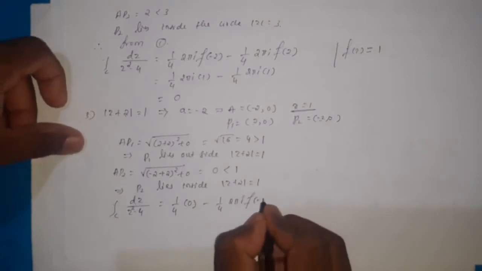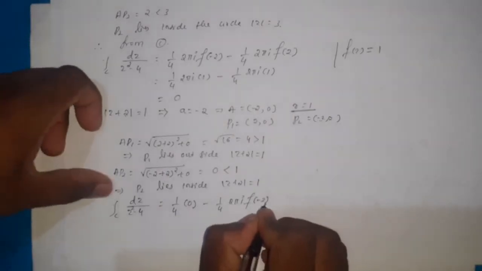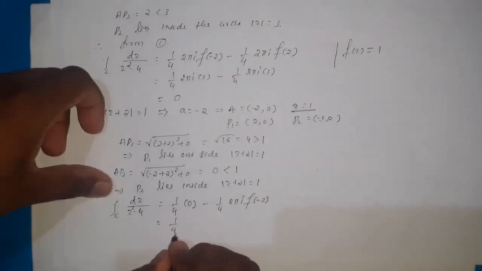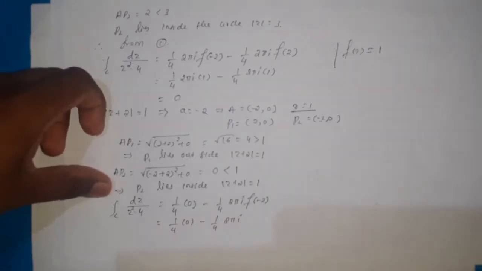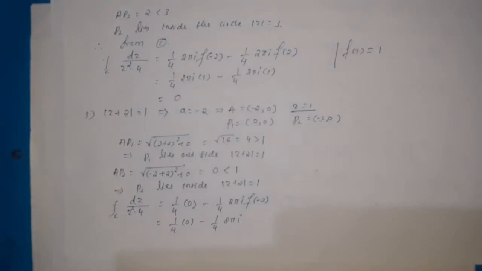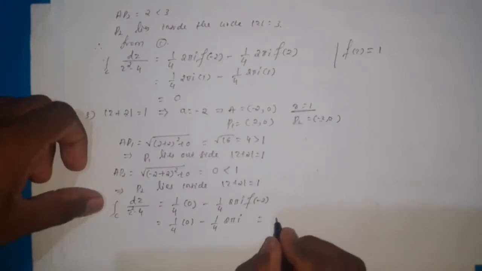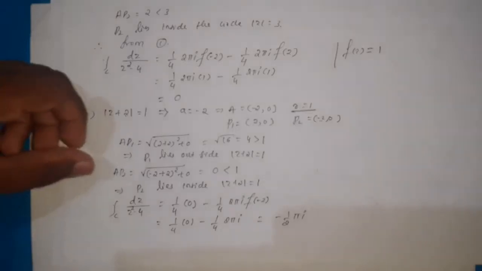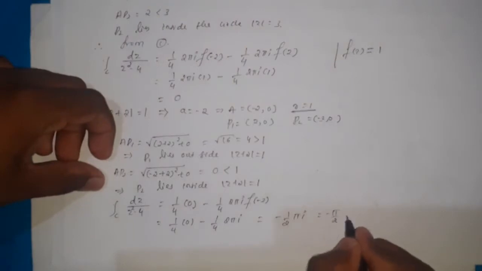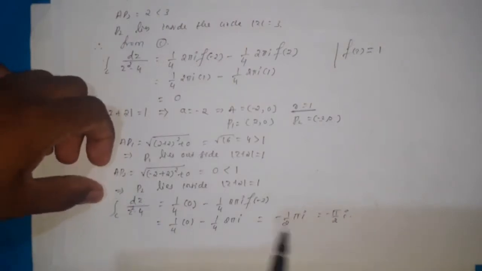So here a is minus 2. Then it is 1 by 4 into 0 minus 1 by 4 into 2 pi I, because f of z is 1 and f of minus 2 is also 1. Hence it is equal to minus pi by 2 I, which is the value of this integral.